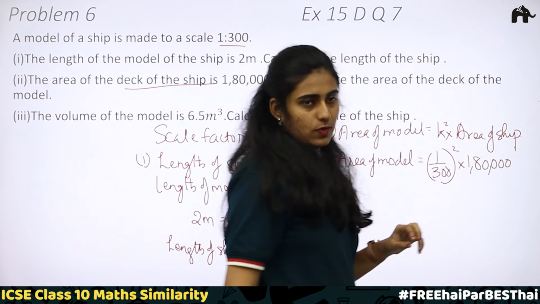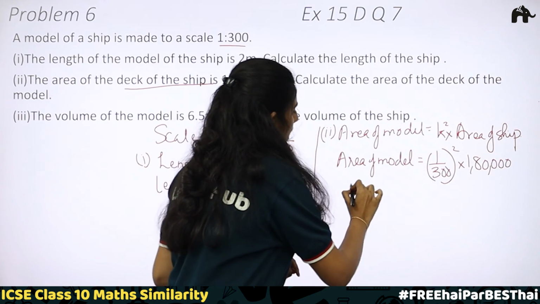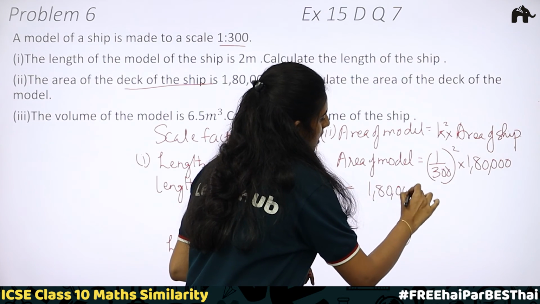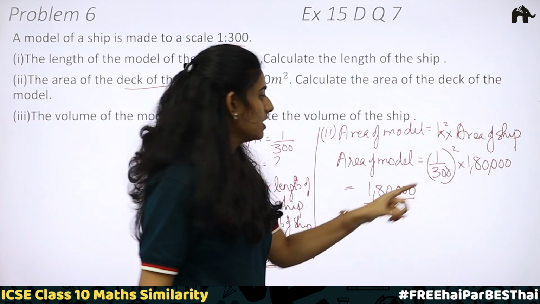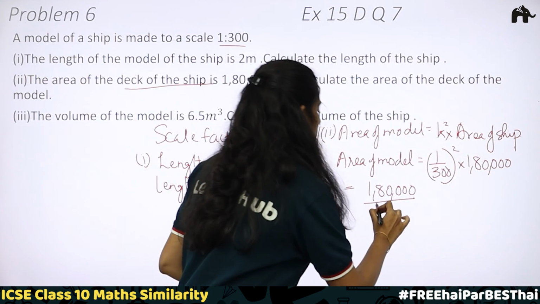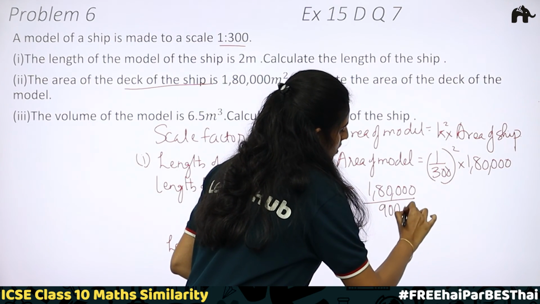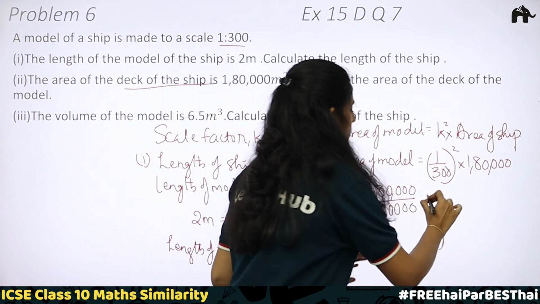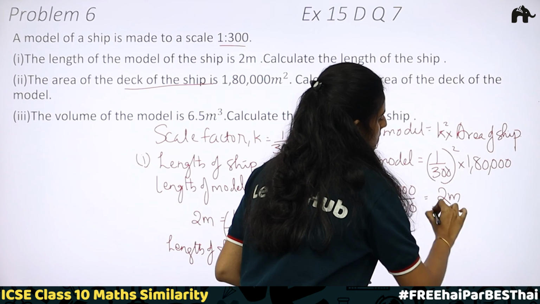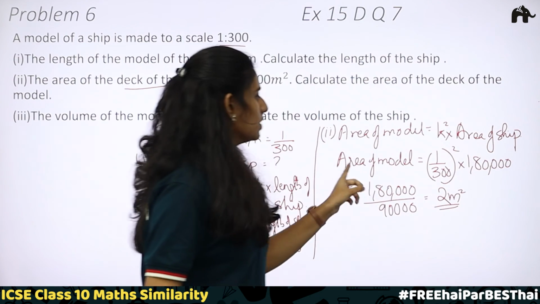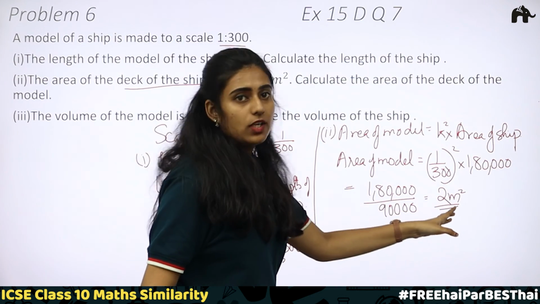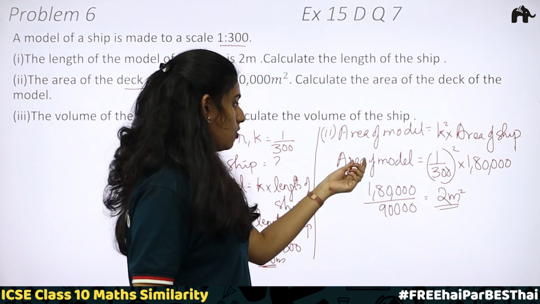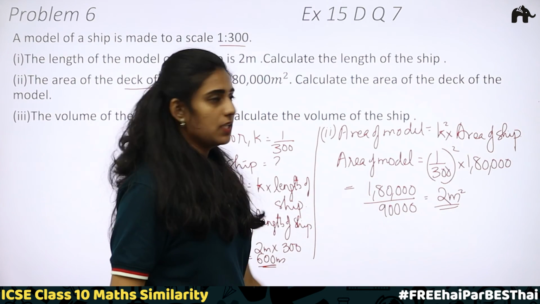Now, area of model will be equal to 1,80,000 divided by 300 square. 300 square: 3 square is 9, then four zeros. 1,80,000 divided by 90,000 will be equal to 2, and the unit is meter square. So, the area of the deck of model is equal to 2 meter square.